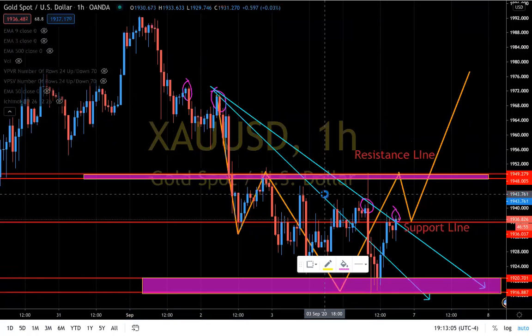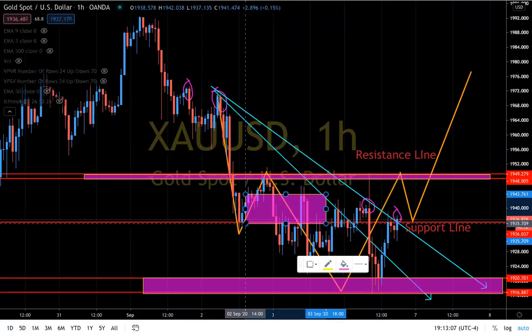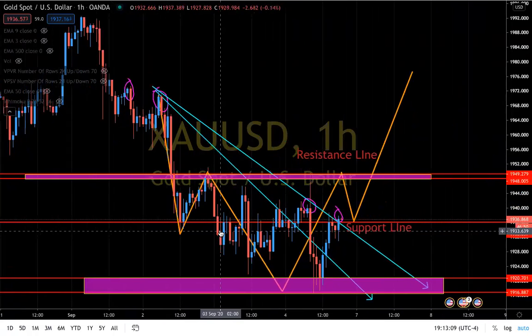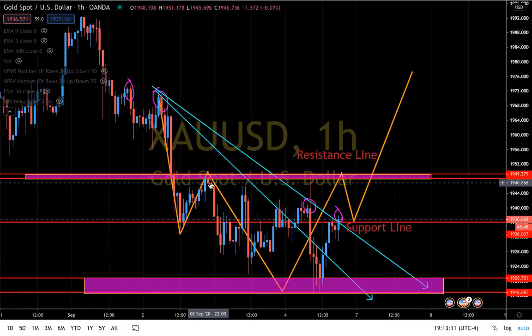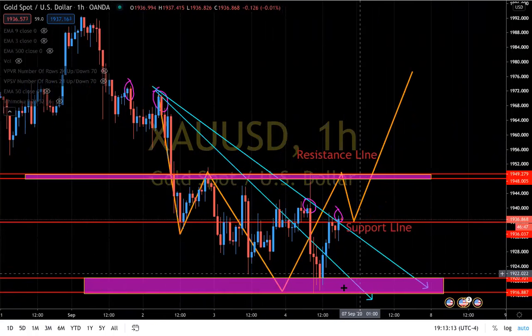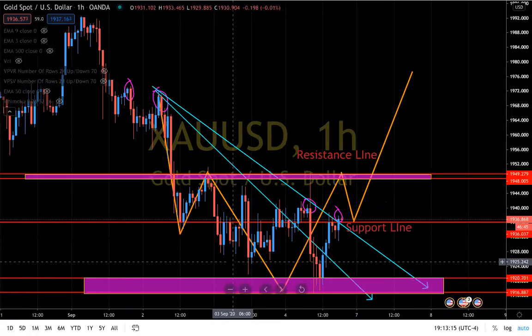After that pullback, it became a consolidation zone because it's still consolidating within these zones. But within those zones, there's going to be other support and resistance and all that good stuff. So those are pullbacks, and that's what a Fibonacci retracement does.